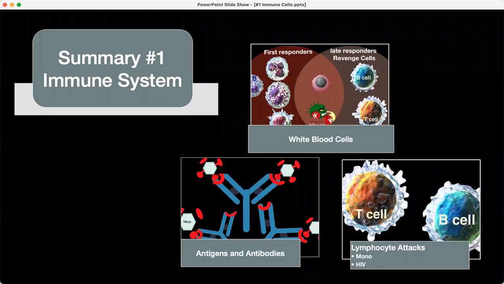So just to go through a few more slides, I'm going to summarize it and ask a couple more questions, see if you have the short-term memory for these concepts. Your white blood cells, the Venn diagram, the difference between antigens and antibodies, and these targeted cells, lymphocytes.